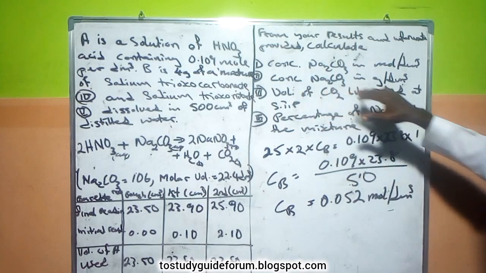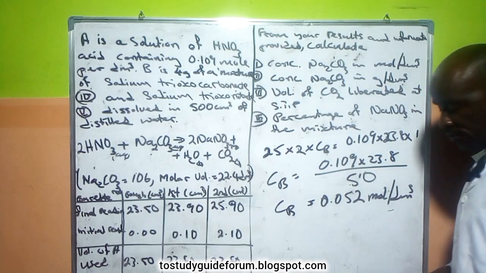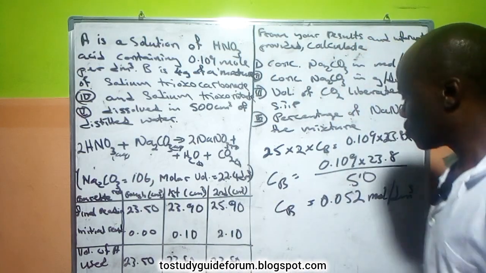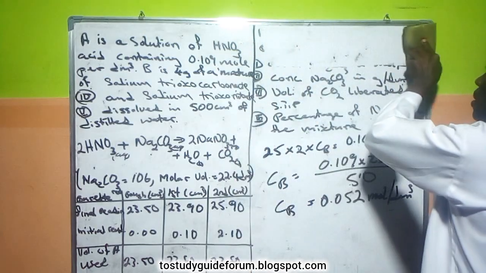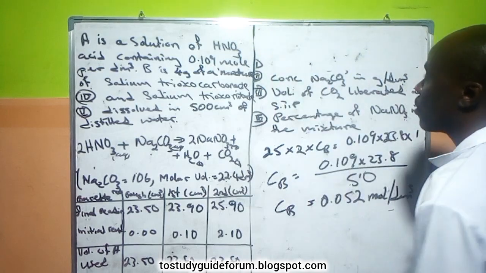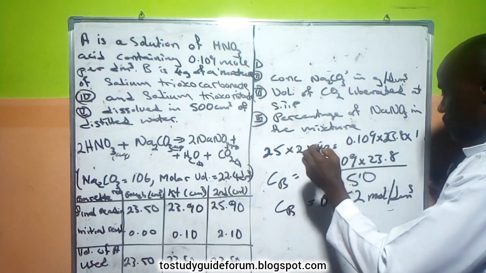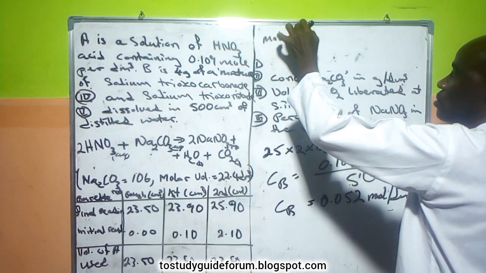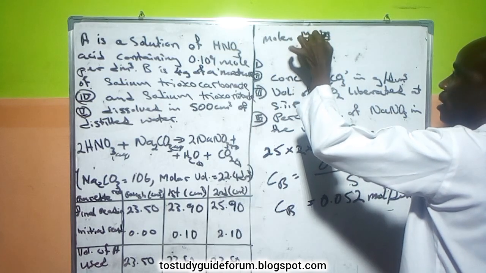The next one we're going to be doing is the concentration of sodium trioxocarbonate in gram per dm cube. Now we are given the relative molecular mass, which is 106. So for us to get that done, remember we know that mole is equal to mass over molar mass.